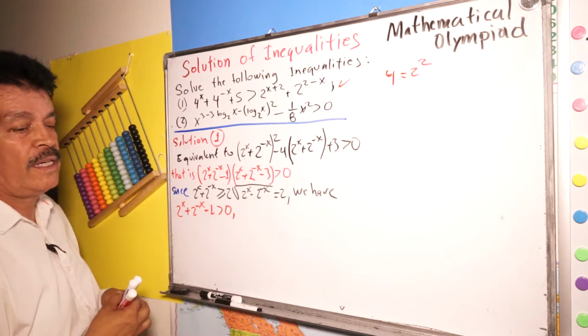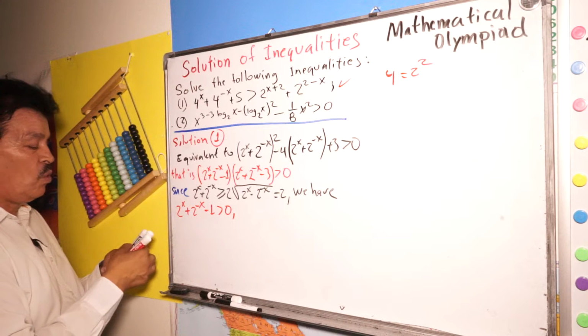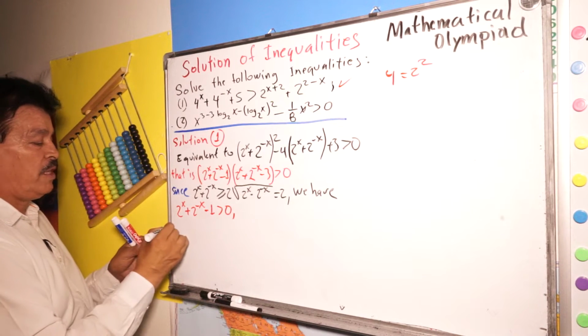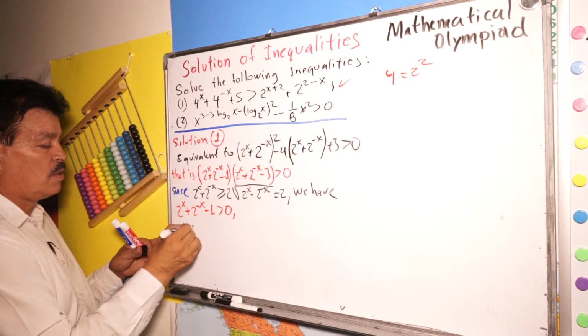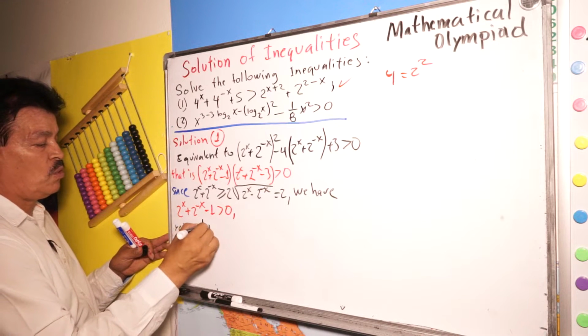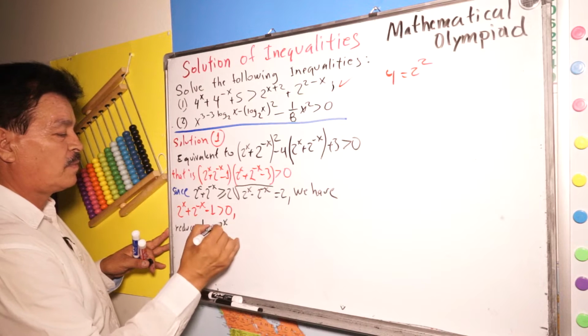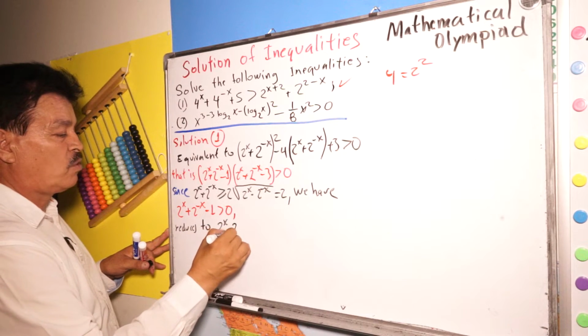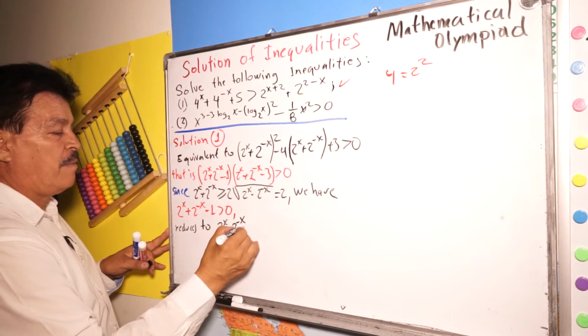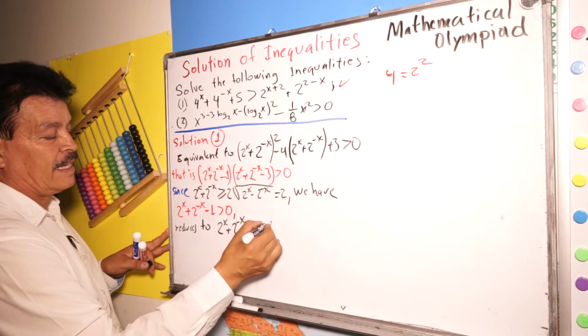So the original inequality reduces to 2 to the x power plus 2 to the negative x minus 3 greater than 0.